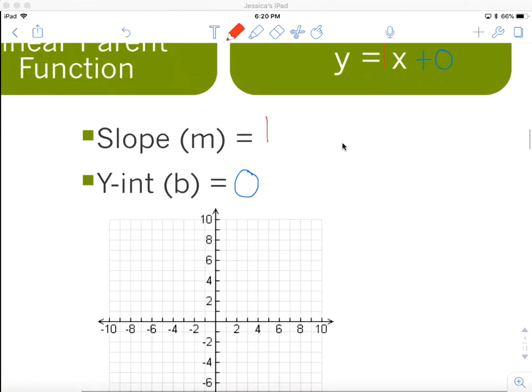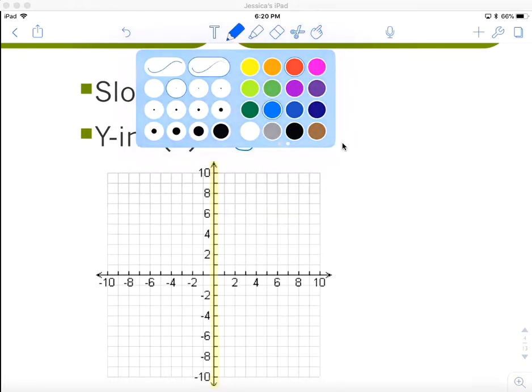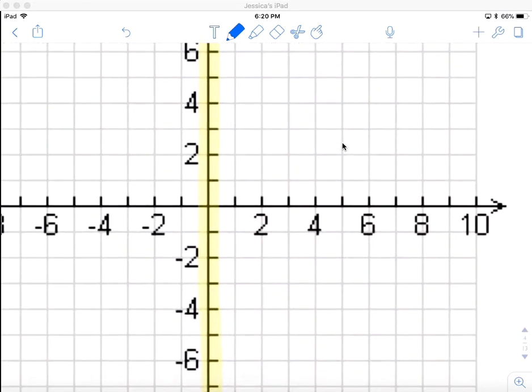You're always going to start with your y-intercept, and y-intercept means where it crosses the y-axis. So my first step is to plot where b is 0. B is 0 means that y equals 0, so I am starting at the origin, 0, 0.